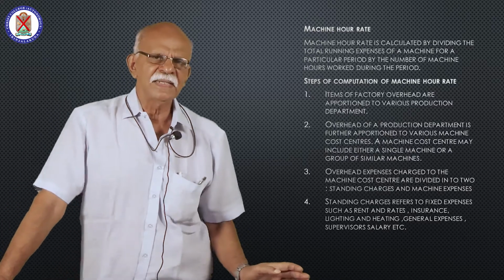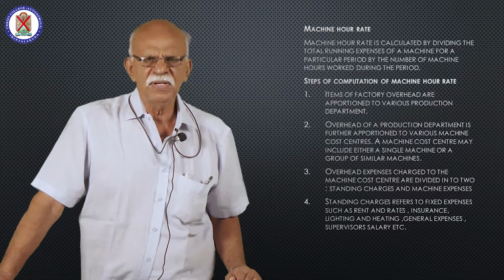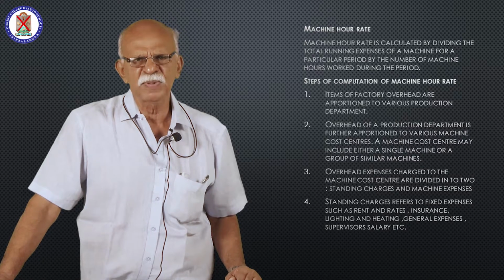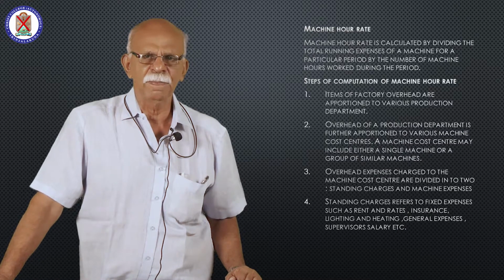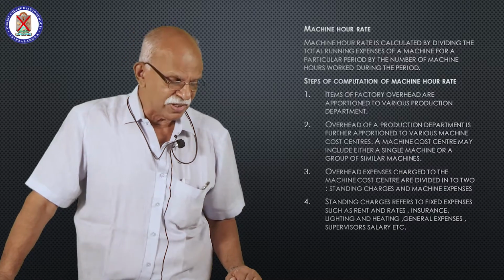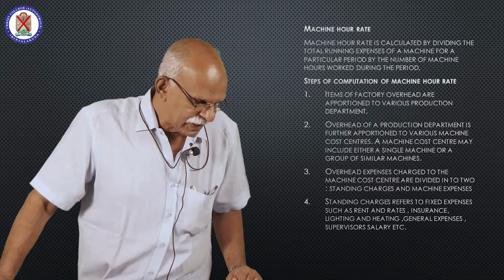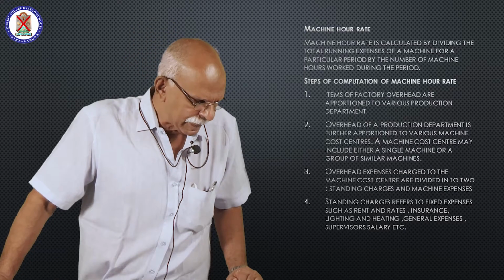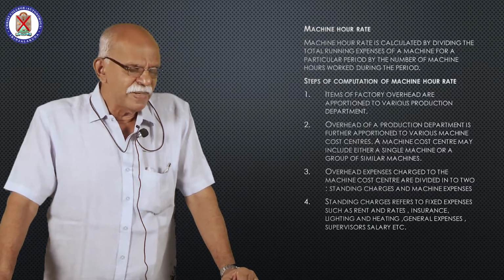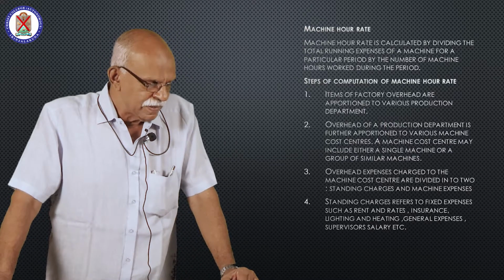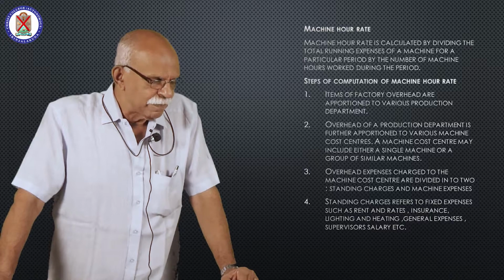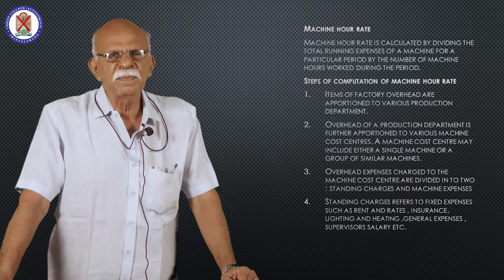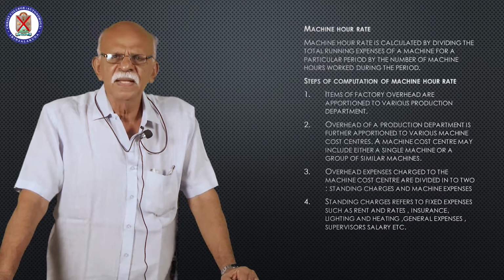Now we have divided the expenses into standing charges and machine expenses. Next step is how many hours the machine has worked during the period. That is calculated from the machine cost center.